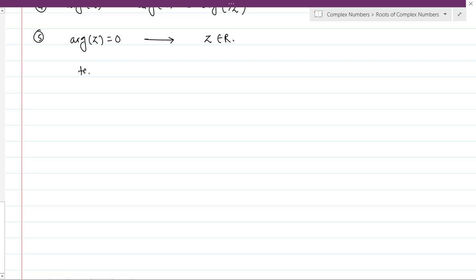It is tan inverse of b by a. Okay, argument of z, if I am saying this is equal to 0, means what? This b should be equal to 0, कारण tan 0 हा 0 असतो. Okay, so this b should be equal to 0. So if b is 0, then what we have? a plus 0i. So this number is nothing but a real number. Is it okay? This number is a real number.